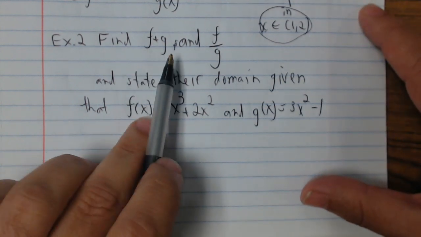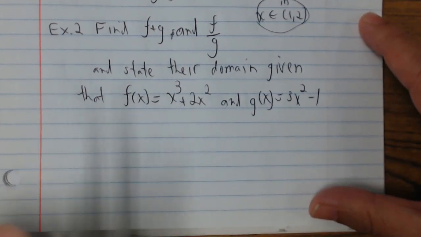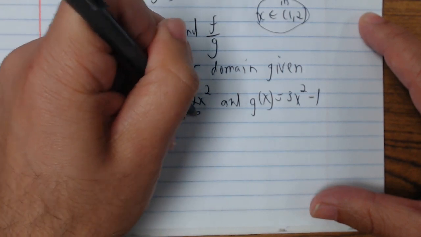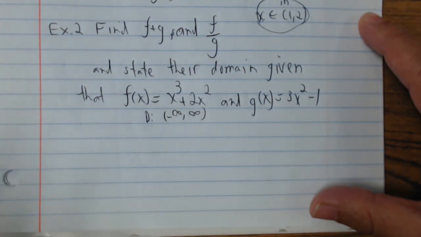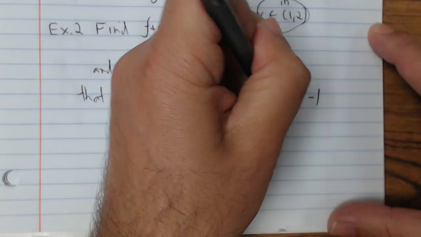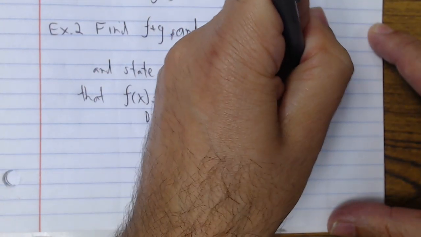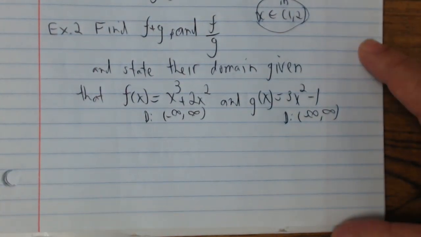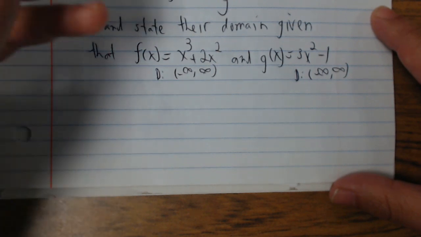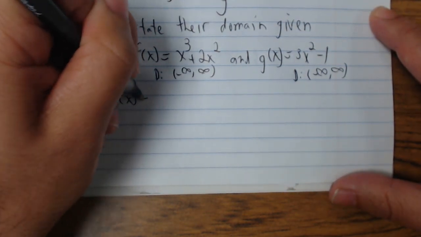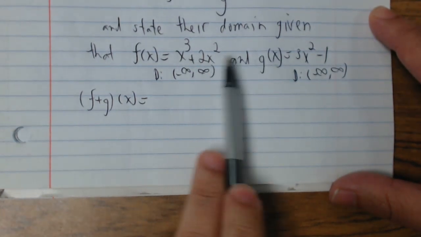Before we actually find their sum, let's find the domain of each separately. The domain of f is all real numbers. It's a polynomial function, and polynomial functions are defined everywhere. Same thing with 3x squared minus 1. Its domain is all real numbers as well, because it's a polynomial function, so it's defined everywhere. So to find f plus g of x, that's just adding these two together.